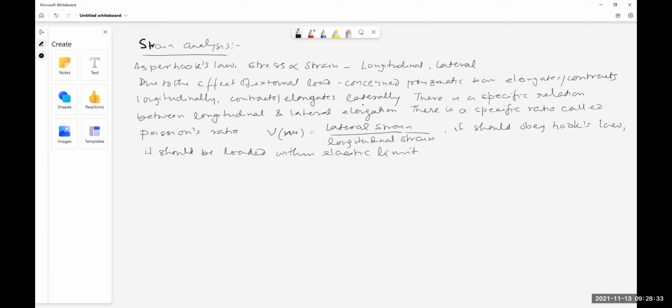Okay, but it is strain, lateral strain by longitudinal strain. It is the relation between strains, not the relation between deformation.